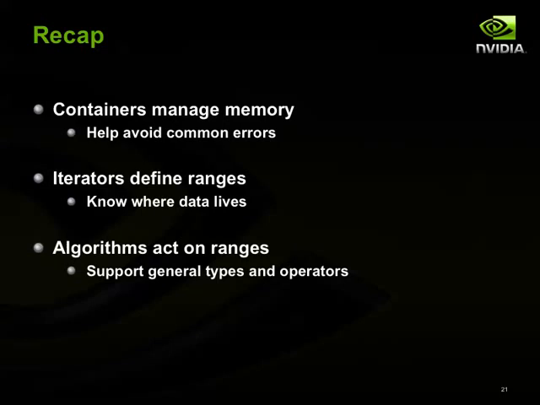We looked at iterators. A pair of iterators defines a range, and this is how we specify what data we want to act on. And algorithms are general in that they support different types, so we didn't have special reductions for floats and so on, and operators. So you can easily change the particulars of the algorithm using function objects.